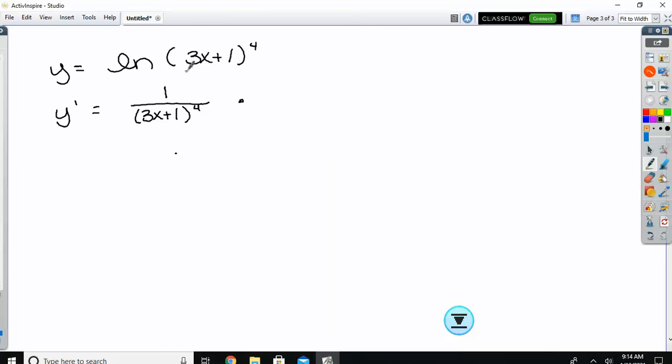So how would I do the derivative of this? Times 3. We have to do the chain rule within the chain rule.